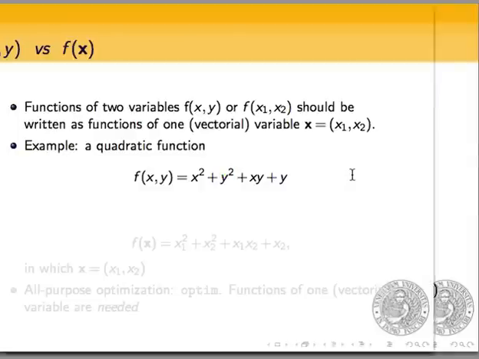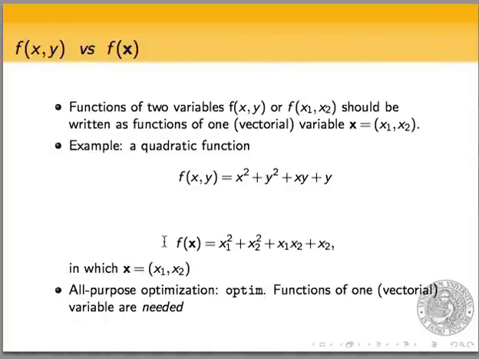In R, you are using such a representation, you are defining a function of a unique vectorial variable, which is x, and indeed you compute the value of the function using the components of that vector. So you define f of x in which boldface x is indeed a vector with two components.